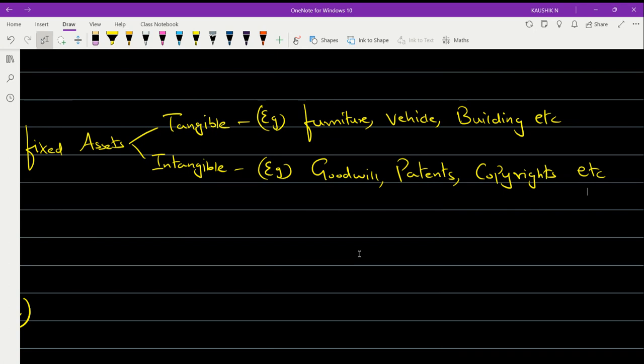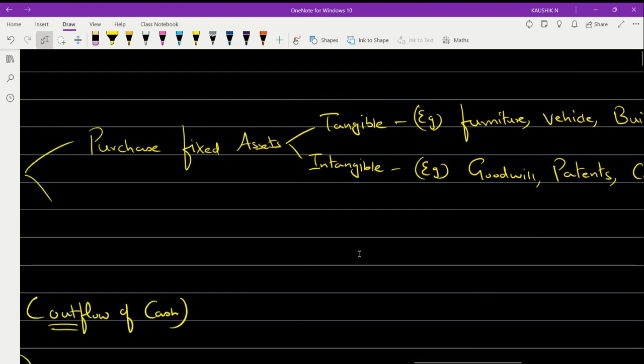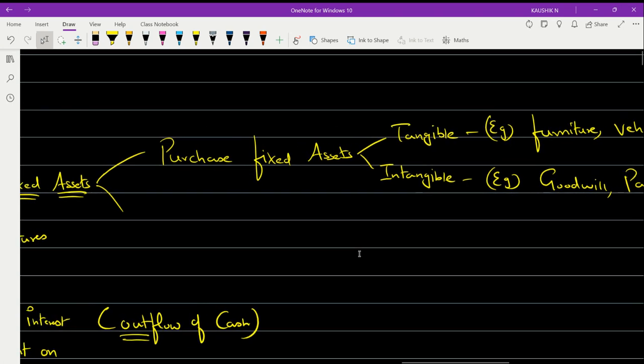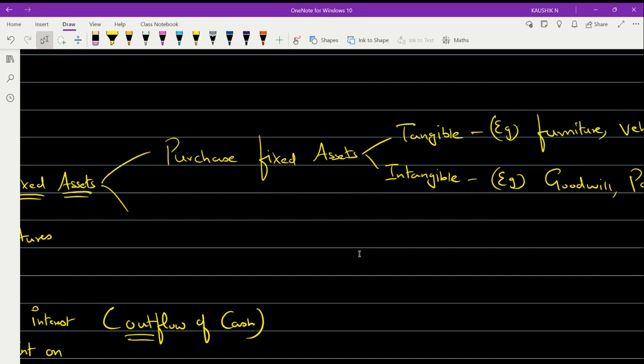When you get someone's business into your control, obviously you may have to pay for the goodwill of the company also. So it becomes purchased goodwill. So we have two types, tangible and intangible assets. Both can be purchased. So purchase of fixed assets will be dealt under the investing activity.